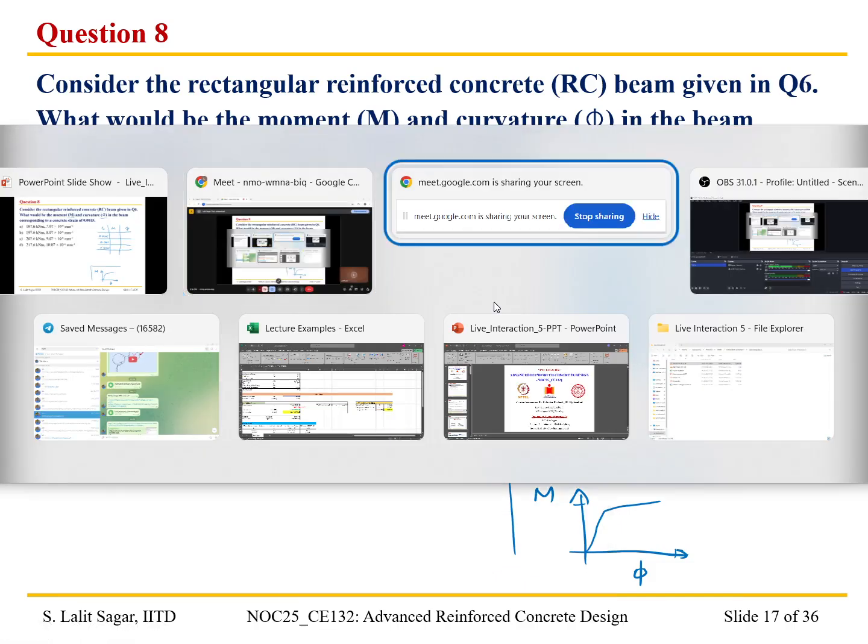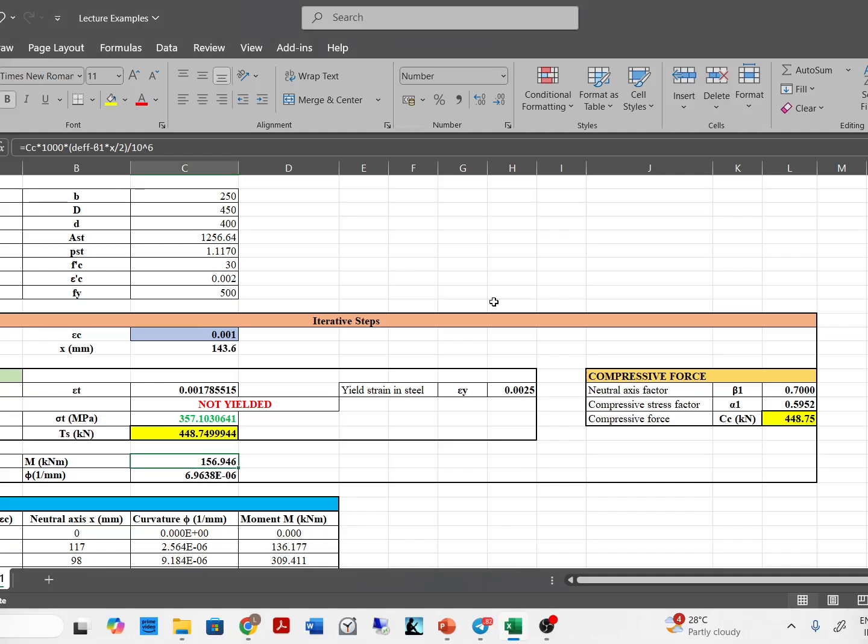Let us go to the Excel sheet. The beam is having a width of 250 millimeter, depth of 450, effective depth of 400, right?